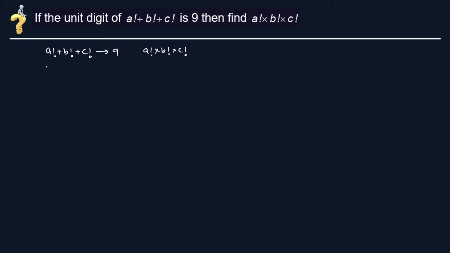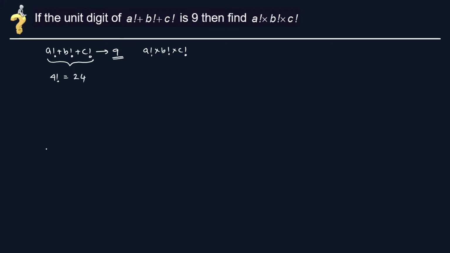Now, when the unit digits of these 3 numbers when added give us 9, if any number you choose is more than 3, the unit place will never become equal to 9. If I take factorial 4, any of these values, either A or B or C, the last digit will come to 4 only.